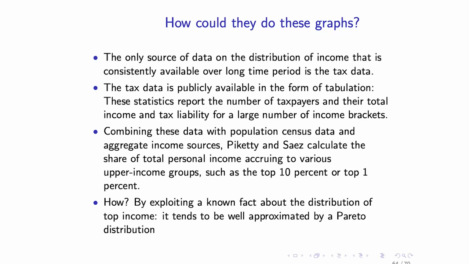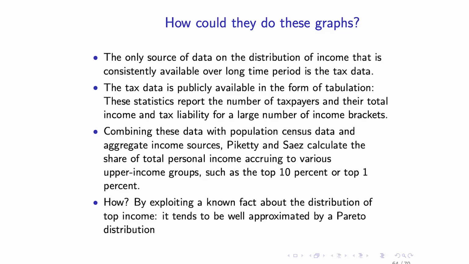The only source of data on the distribution of income that's consistently available over a long period of time is the tax data. The tax data doesn't tell you which person pays what taxes, thank goodness, as a lot of private information would be divulged, but it's available in the form of tabulations. What is a tabulation? For each income bracket, corresponding to a tax bracket, it tells you how many people are in this bracket, where a bracket is defined by a minimum and a maximum amount.